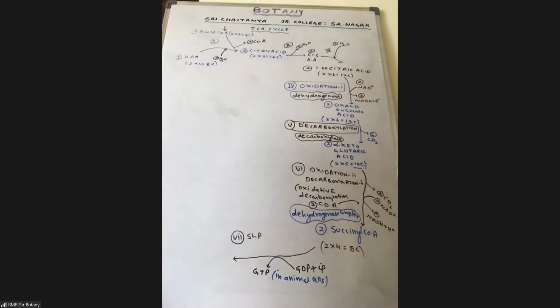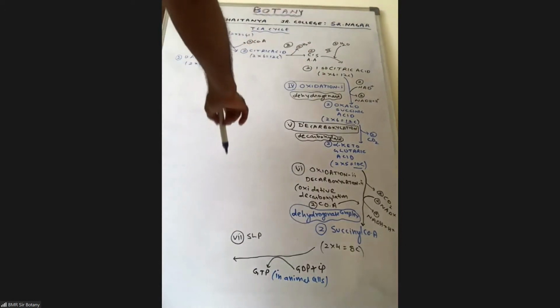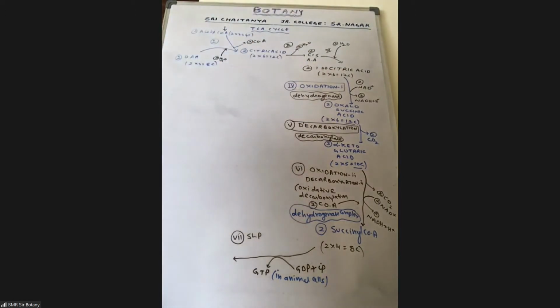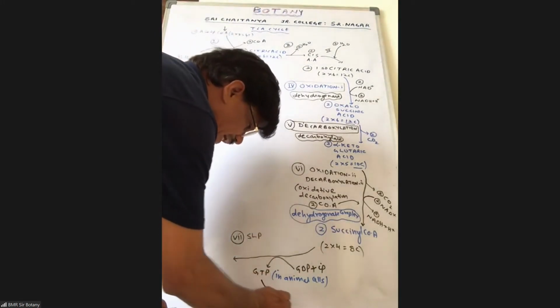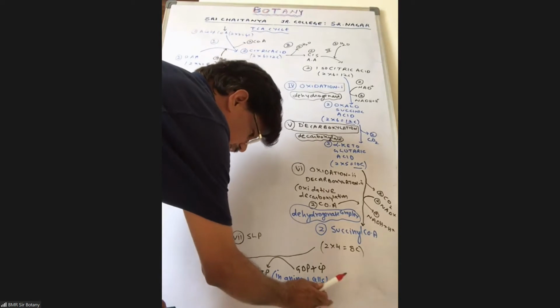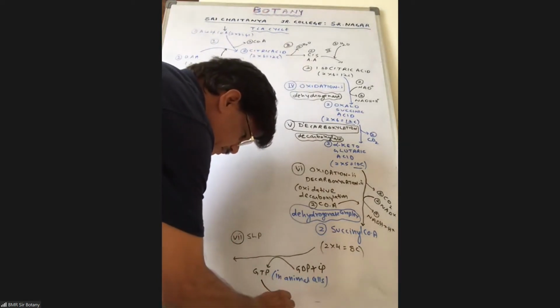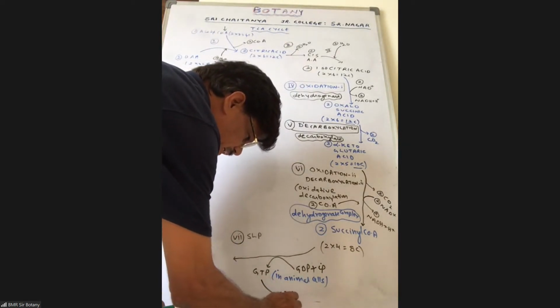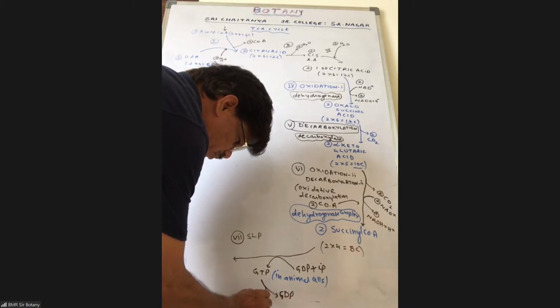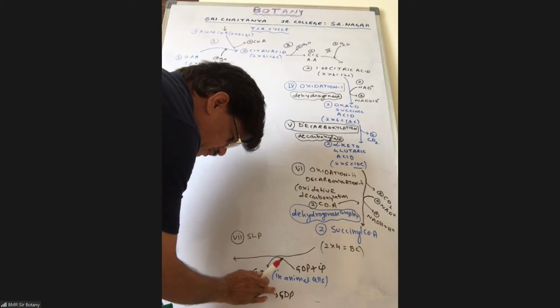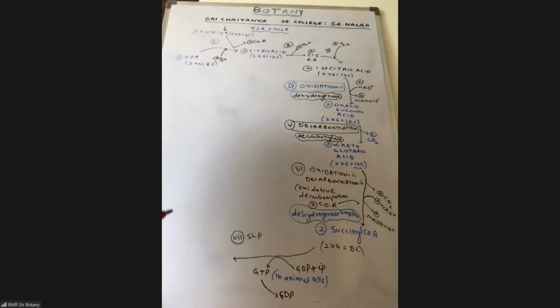And another thing, the GTP can be taken on par with ATP. How do you know? Immediately it undergoes dephosphorylation back to GDP. When it undergoes dephosphorylation back to GDP, the phosphate removed from this will be added to ADP.